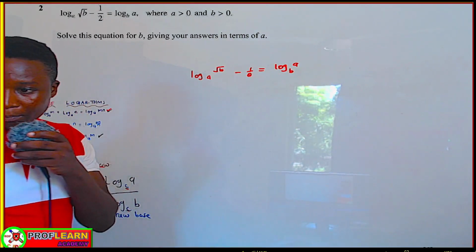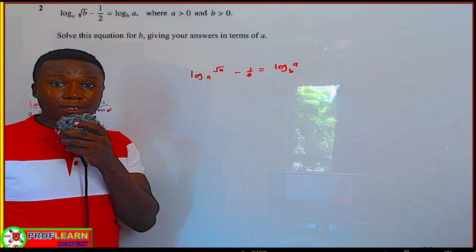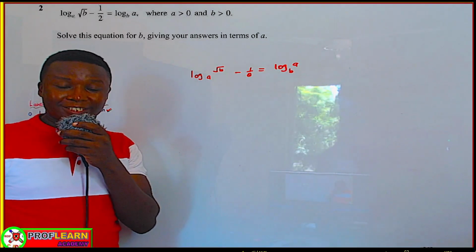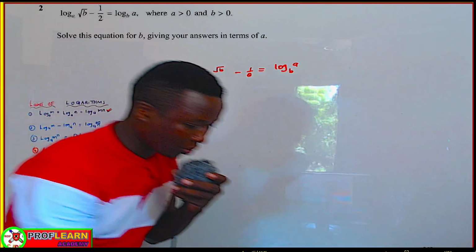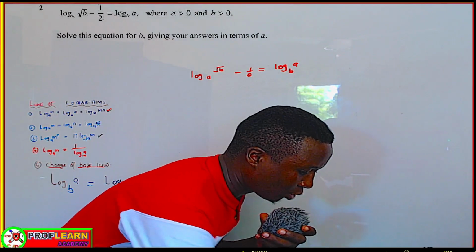If we look at this question keenly, we realize that it has different bases. So we can write this as log of root b base a minus a half equals log of a base b. We are supposed to solve the equation for b in terms of a, but we have to ensure that the bases are the same.